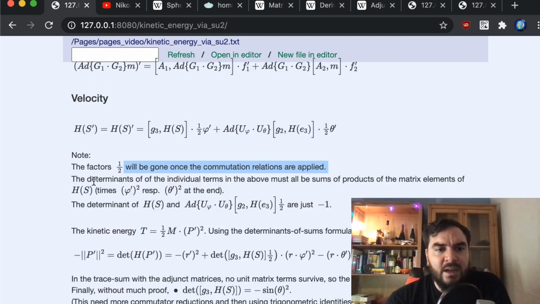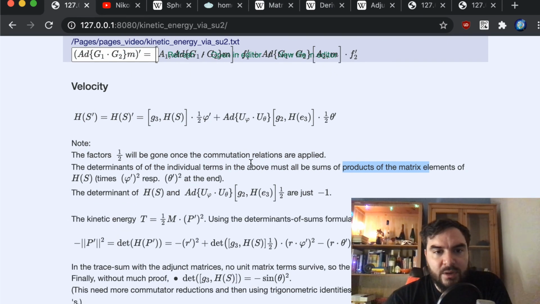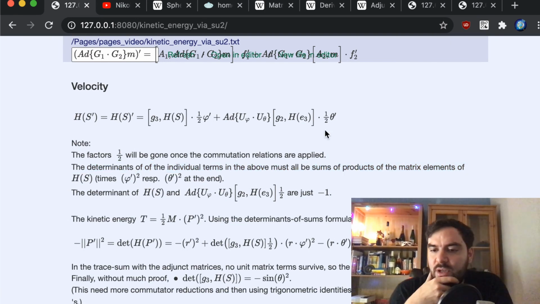And the determinants of the individual terms above are the sums of products, as I just said. I'm making the points in the wrong order as I have written them down here. Let me finish my remark on the determinant and trace formula above.